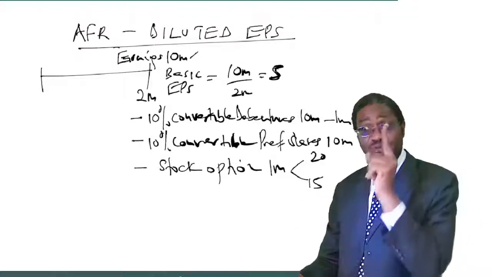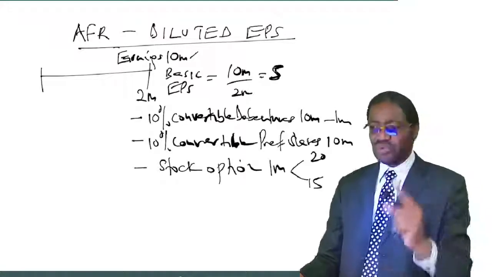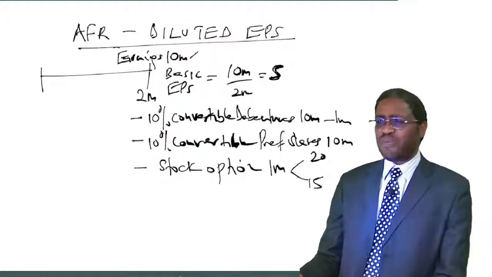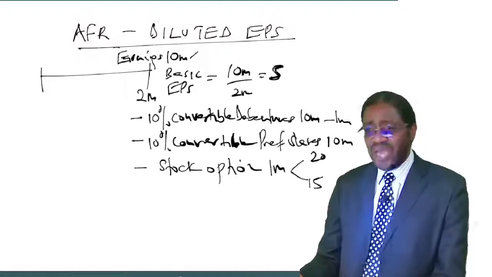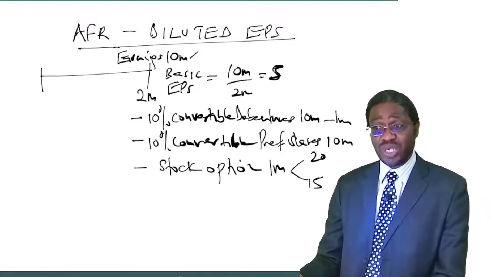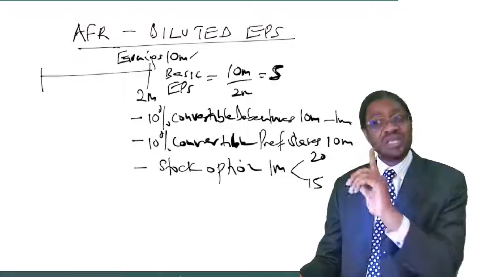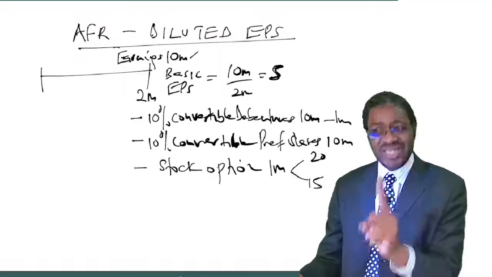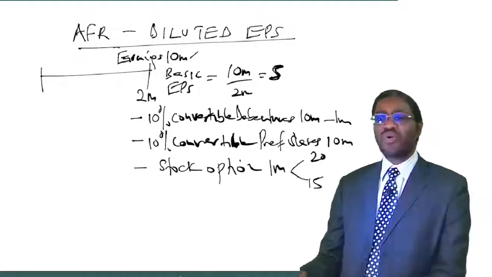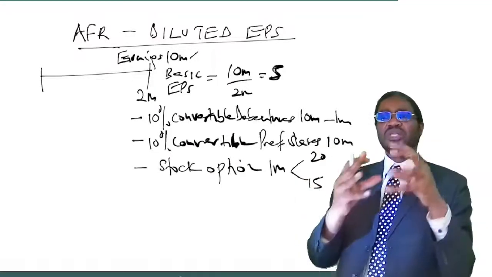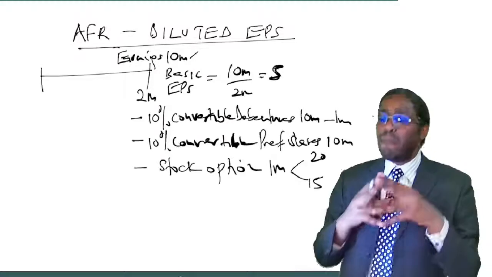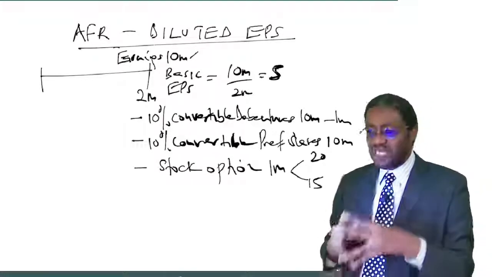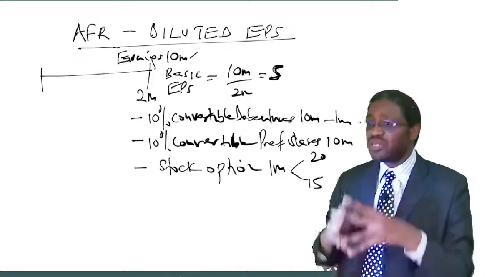So suppose by the end of the year you had given the privilege to the employees to buy shares in future, but they have still not exercised. So we still have an agreement with the employees that in the future they will buy 1 million shares at a price of 15, which is below the market price.